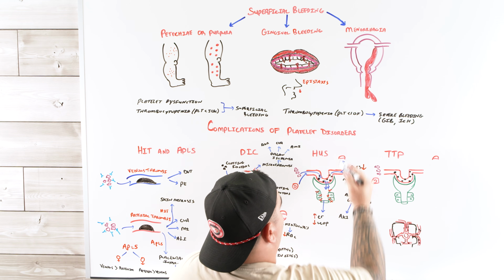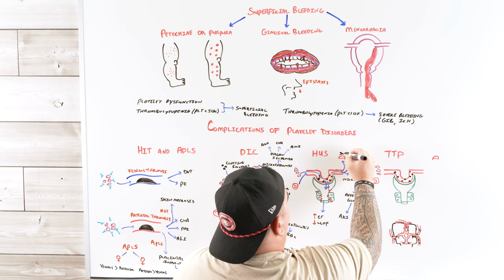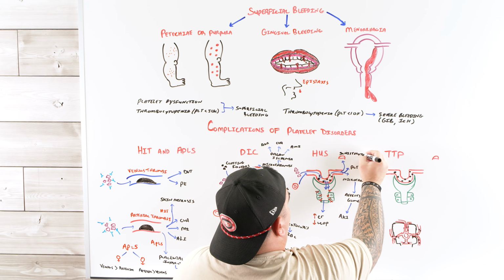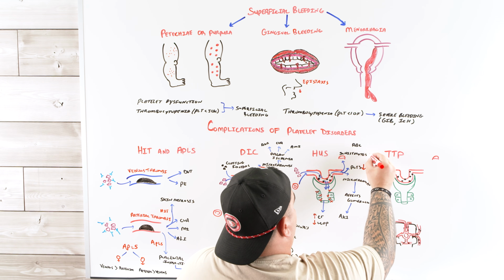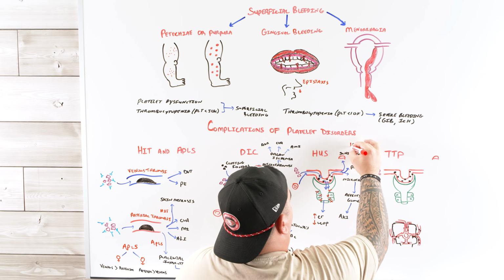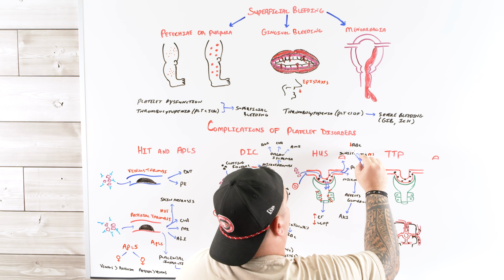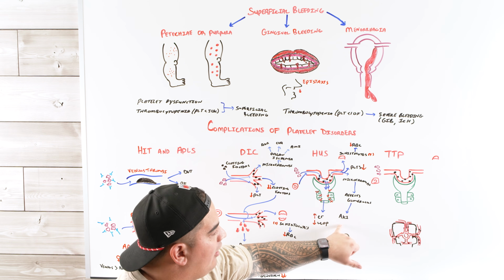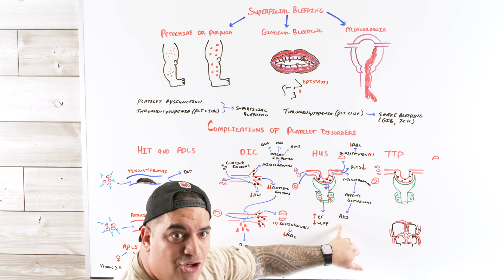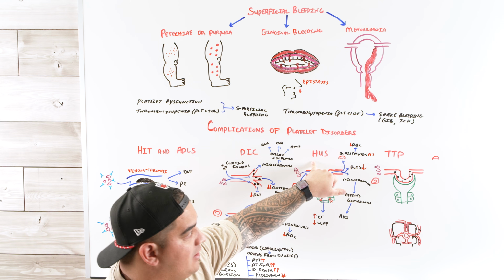You'll end up with these schistocytes, and that will cause a drop in the red blood cell count. So you'll get the presence of schistocytes, and you'll get a drop in the patient's red cells. So if a patient has a diarrheal illness and they end up with a predominant acute kidney injury, you definitely want to think about HUS.